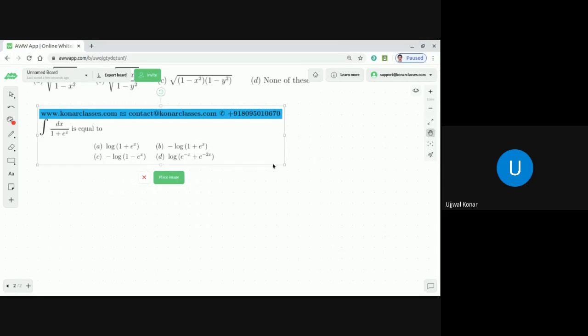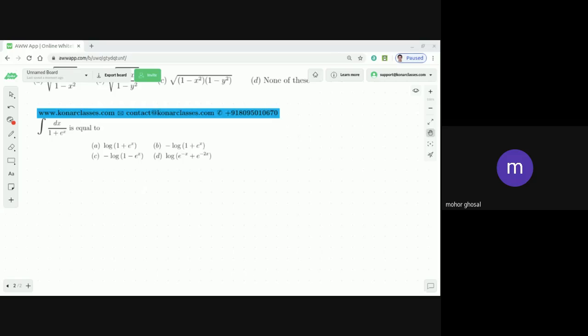That is the first problem. This is the second one.